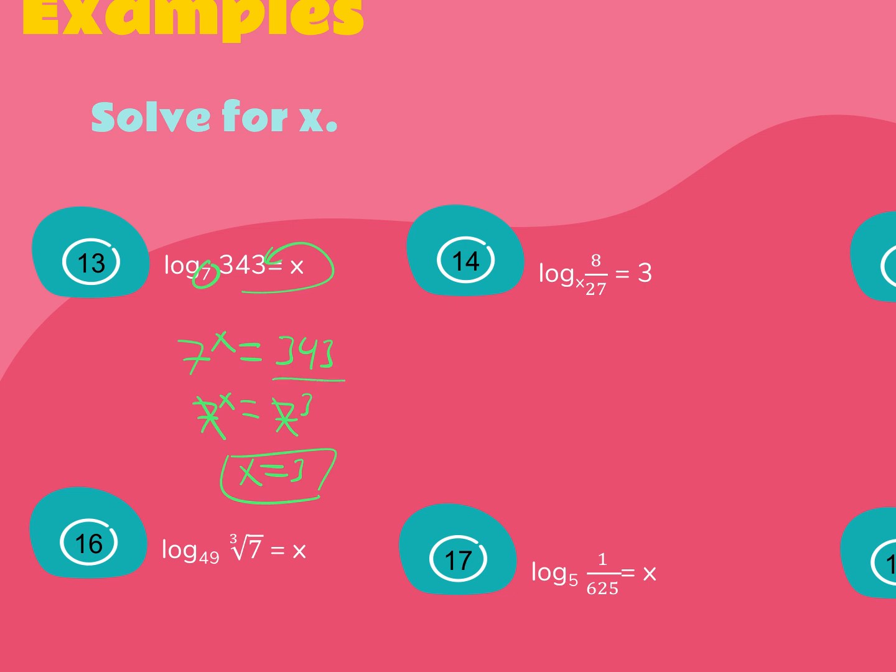You should know that 343 gets you 7 to the power of something. So keep trying it and then see what that gets you as your exponent. If you try it, you'll do 7 times 7, which is 49, times 7 again. Should get you that 343. All right, so good to double check your work.